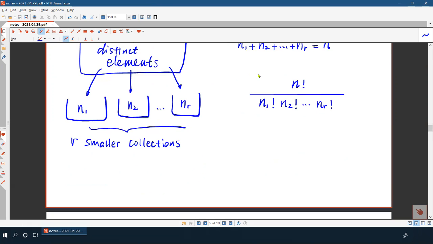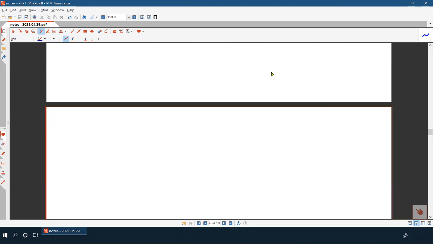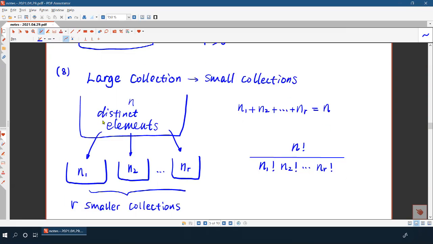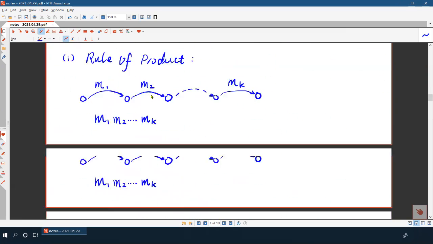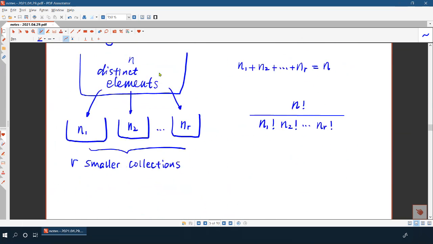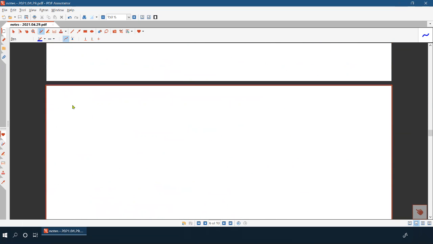Next, we have learned probabilities using counting techniques, right? So let's say number 9, probabilities using counting techniques.